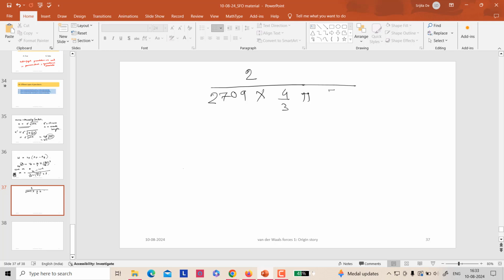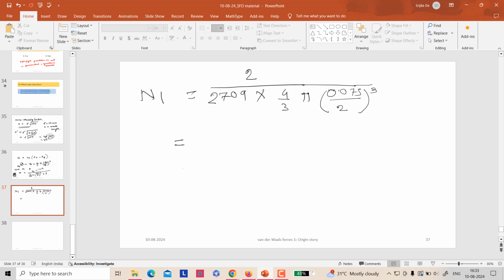That means if we convert it into meter, it will be 0.075, right? 0.075 by 2 whole cube, right? So the number of feed particles we can calculate from here. How much is it coming? Can you calculate?